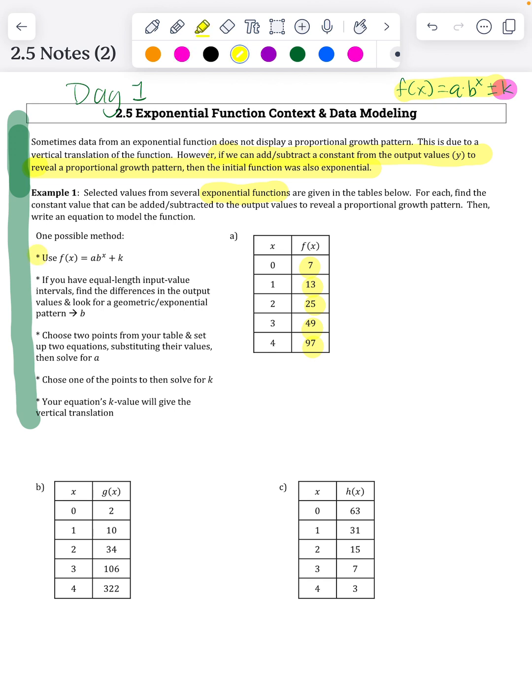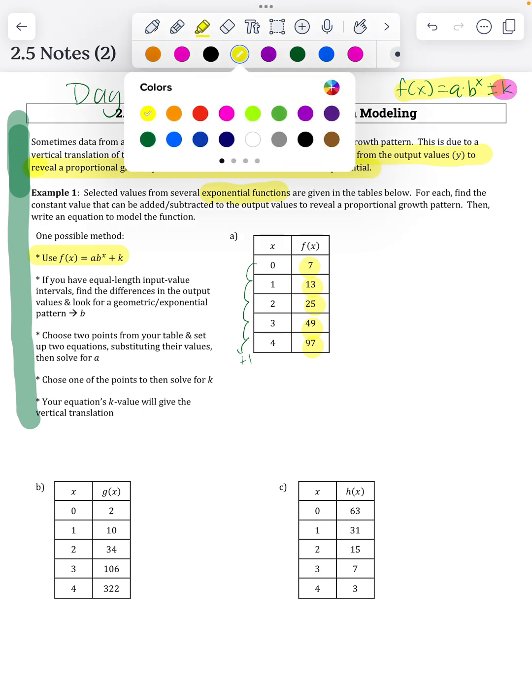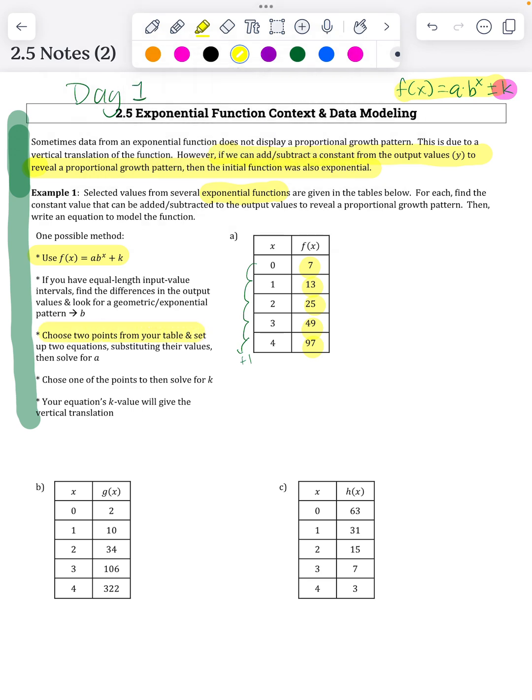This is going to be the format of your starting block. And then if you have equal length input intervals, so like you can see here that these are going up by 1. We will have that in all of our problems. Then we're going to choose 2 points from your table, and you're going to set up 2 equations.